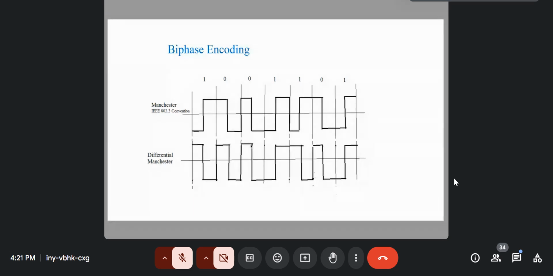then it comes back. There will always be a transition again in the middle of the interval, just like here, but for different reasons. You see here, it was because that's a signal. But here, there's a transition in the middle of every bit interval. So it doesn't matter where you are, you have to go to the other side in differential Manchester, in the middle of the bit interval.